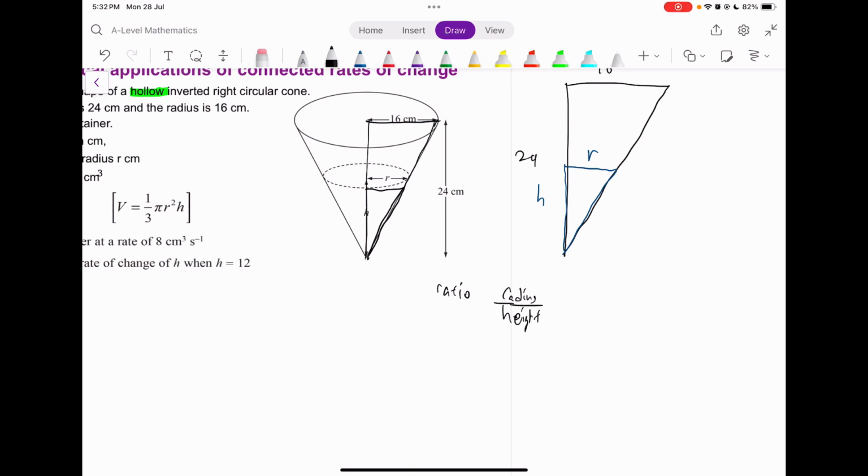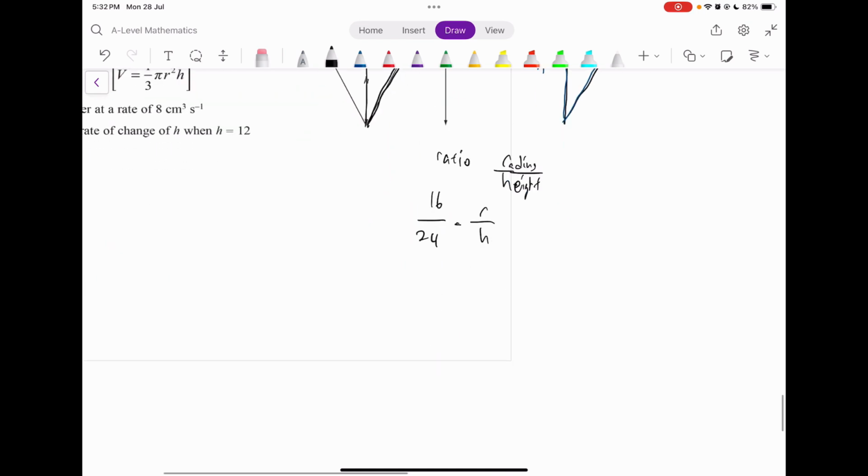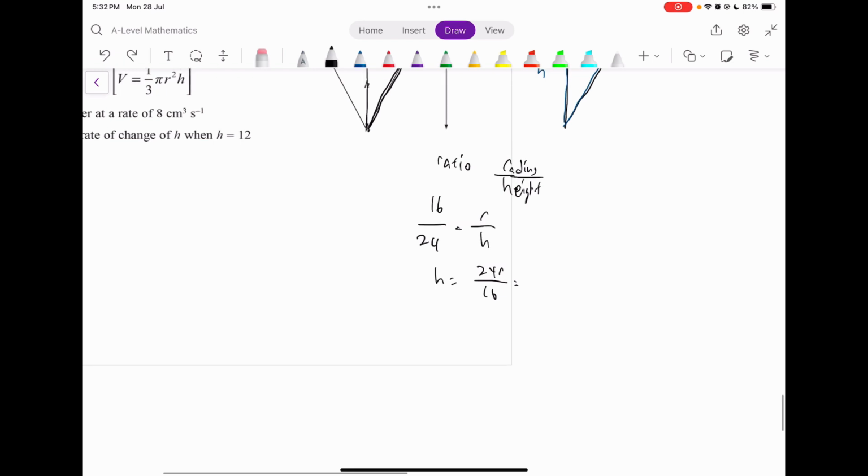So if that's the case, for radius it is 16, and then the height is 24. 然后我们就可以讲 the radius of the smaller part is R over H. 那我们就可以直接找出来 H is equal to 24R over 16, which is the same as 3 over 2R. No, we need to replace R. 所以我们就可以找出来 R is equal to 2 over 3H.